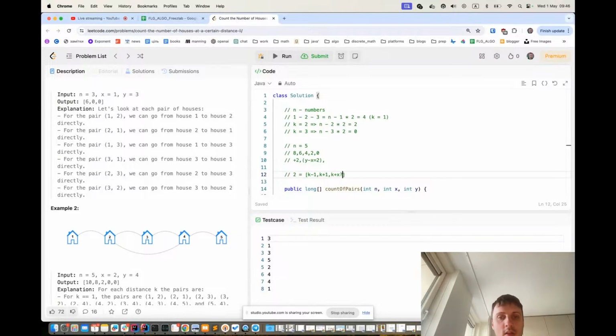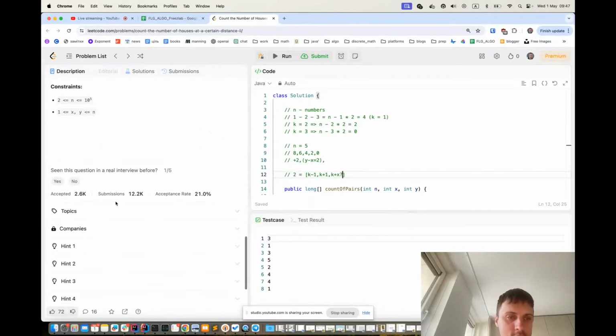So it's possible to have 3 connections at some point. And I should actually calculate this number.